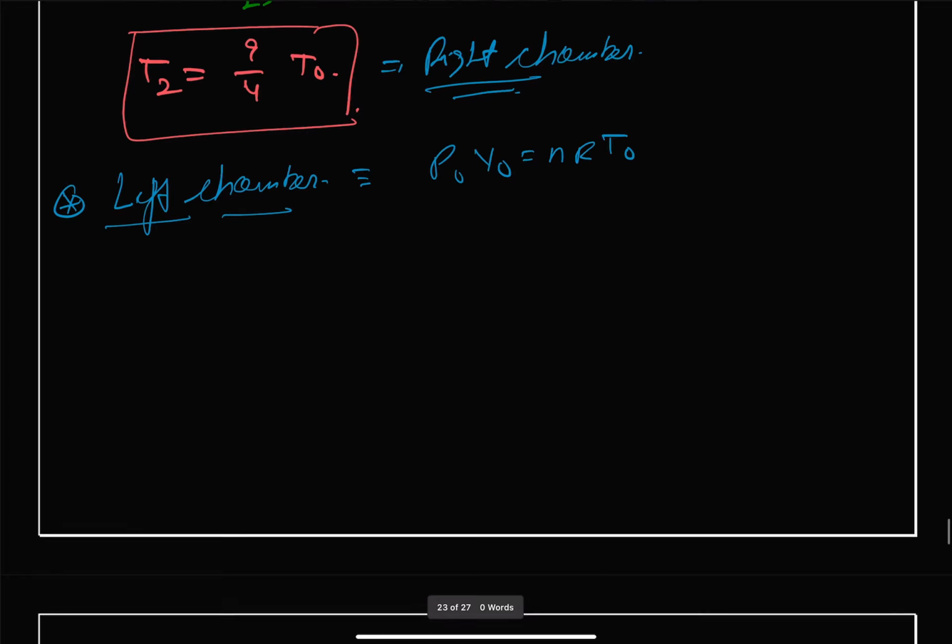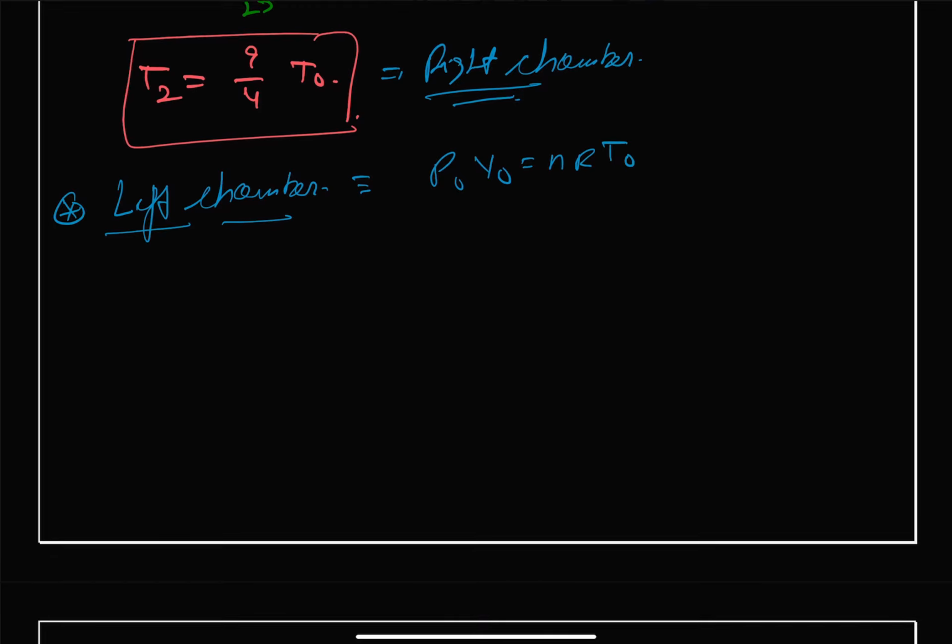And so this can be written as 243 times P naught by 32 V1 is equal to NR T1.